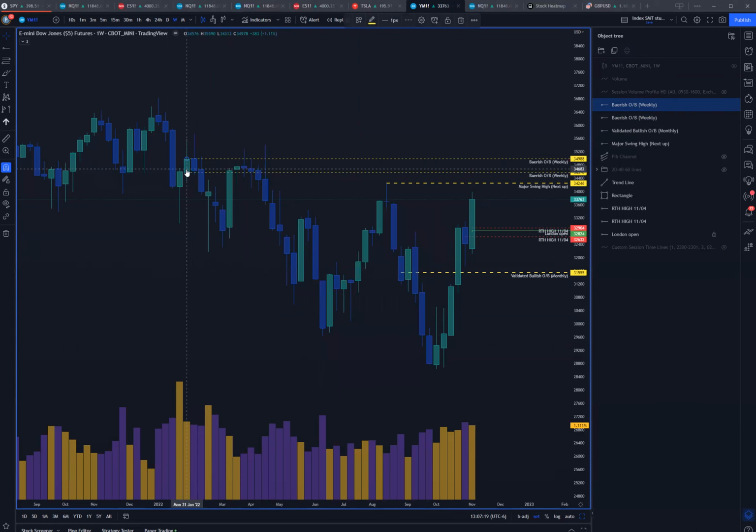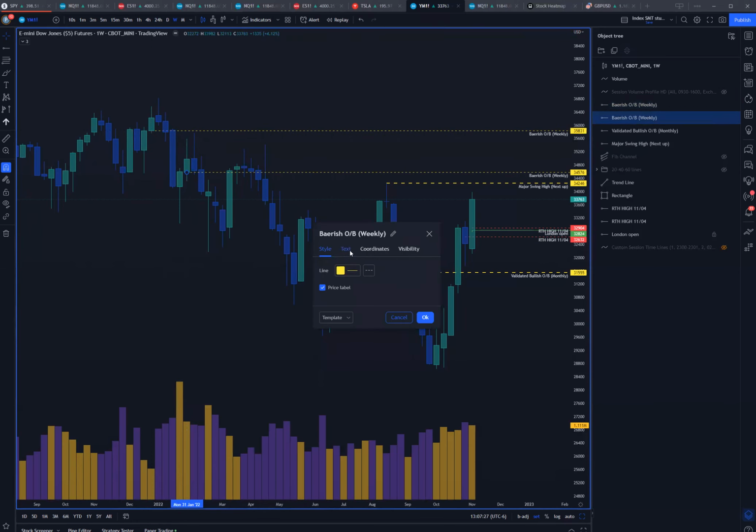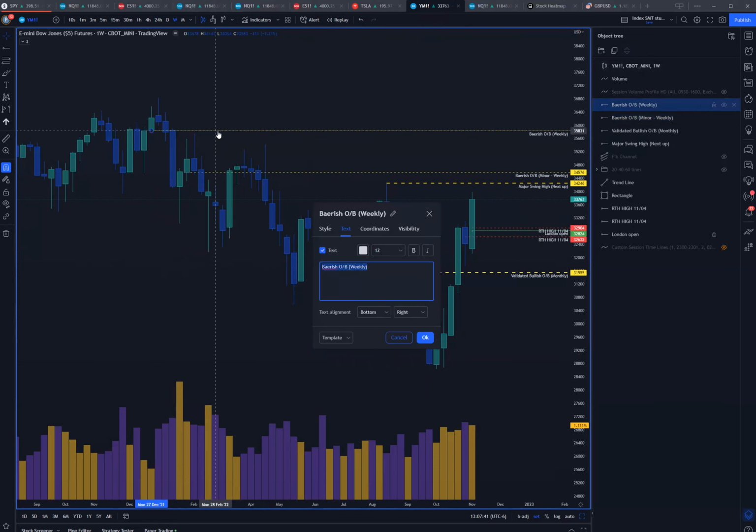And then the next one up from that is this one here. Let's call this one minor weekly. It's nonetheless the next one, so we have to take this one out before we can take the next one out, no matter what they're called, minor or major.